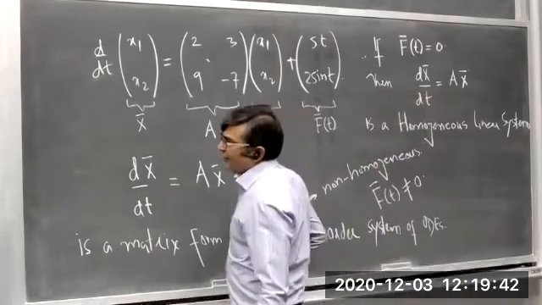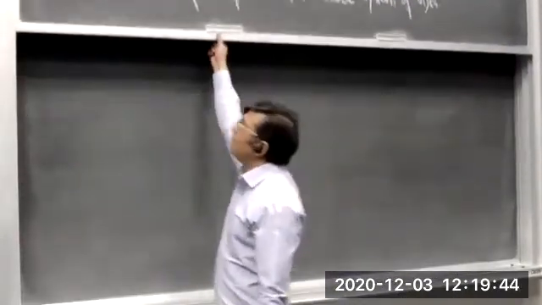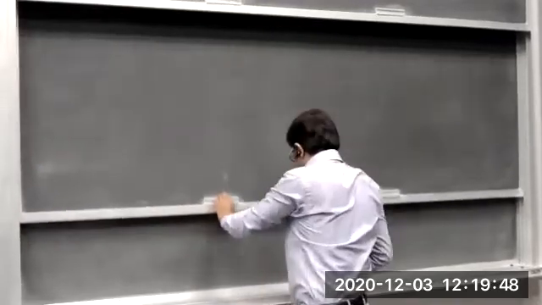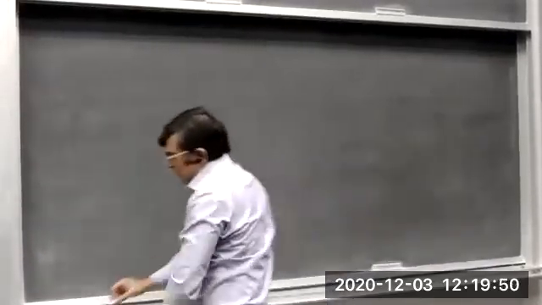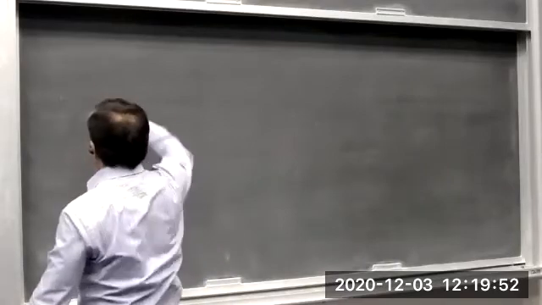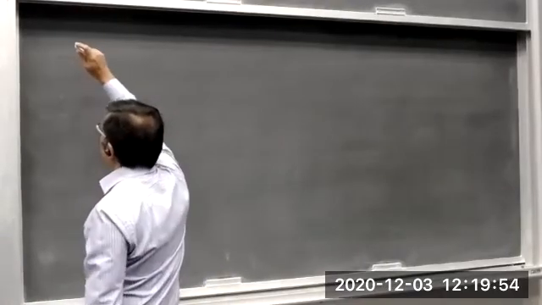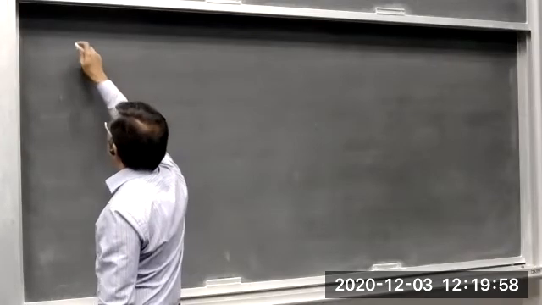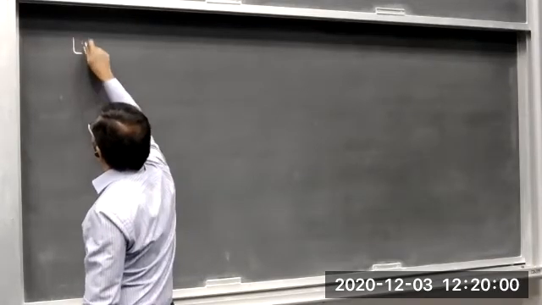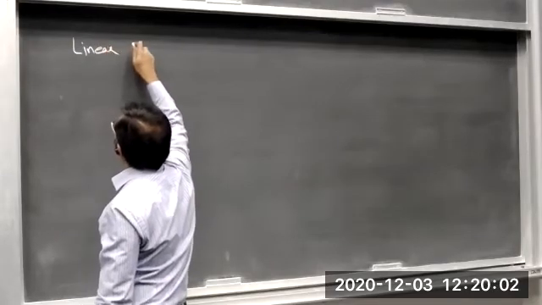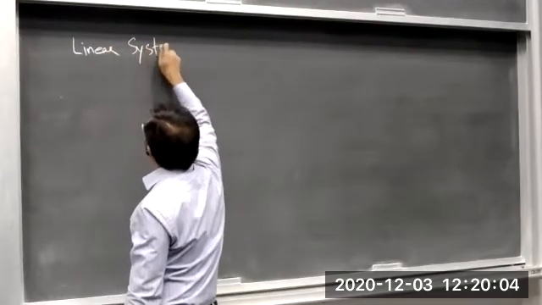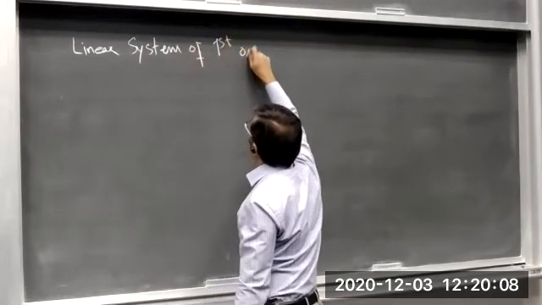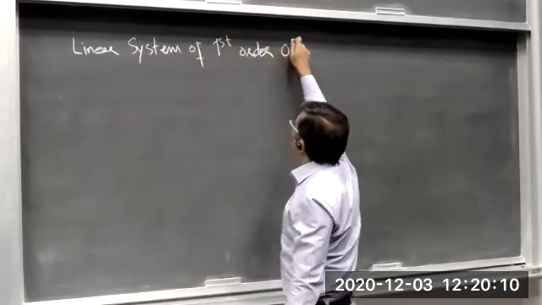And in general, a linear first order system can be written in this form. A general linear system of first order ODEs.